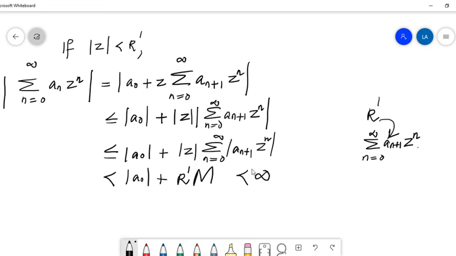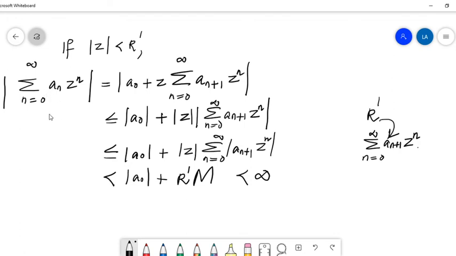So see the series. This was a series which we said in the hypothesis at first. Summation n is equal to 0 to infinity a n z raised to n has the radius of convergence capital R. That was what we assumed. Now we assume that modulus of z is strictly less than r dash, and then also the modulus of the series was strictly less than infinity.